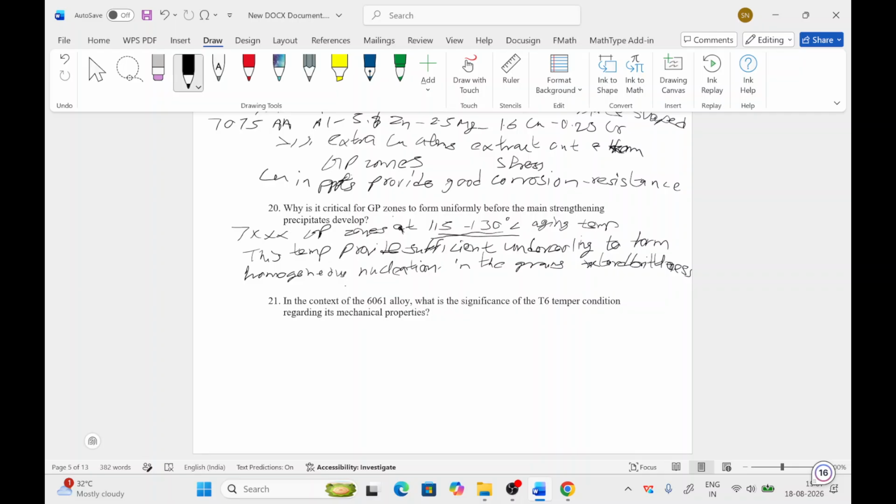After formation of GP zones, the temperature is increased to accelerate the growth.